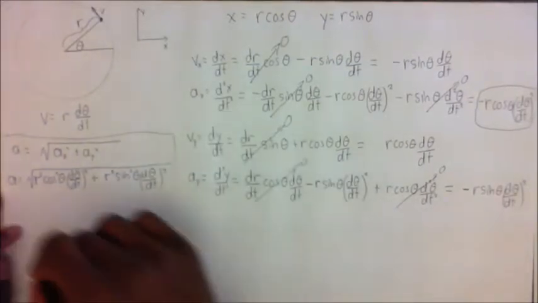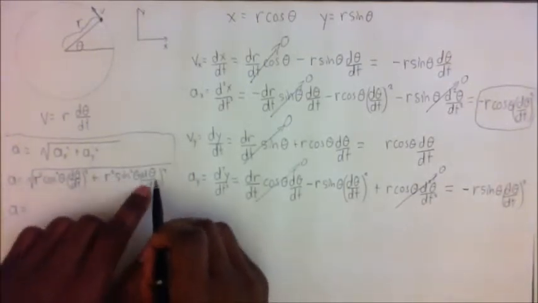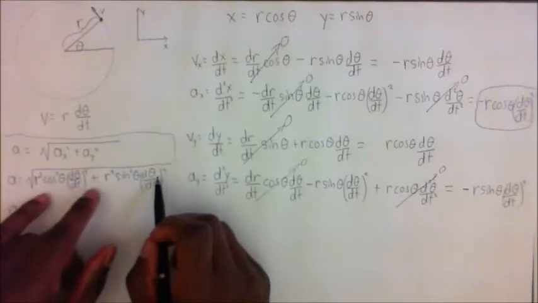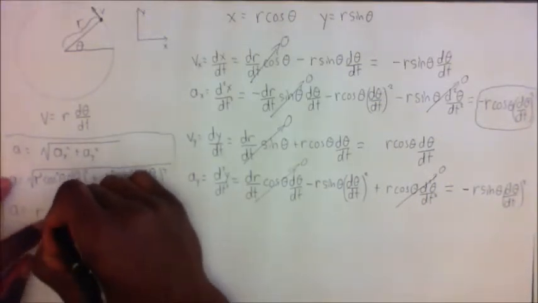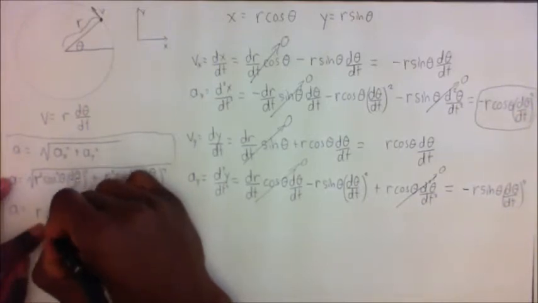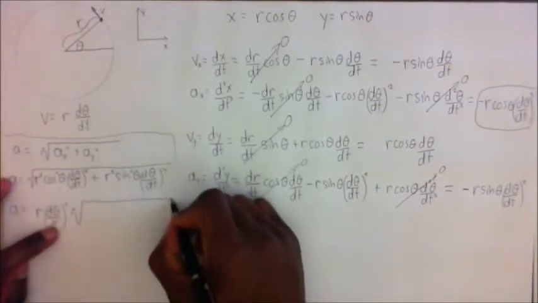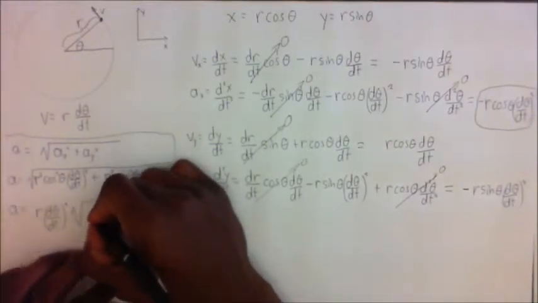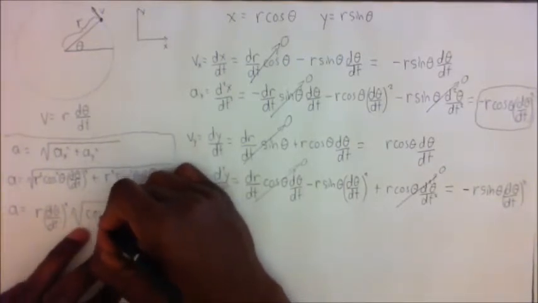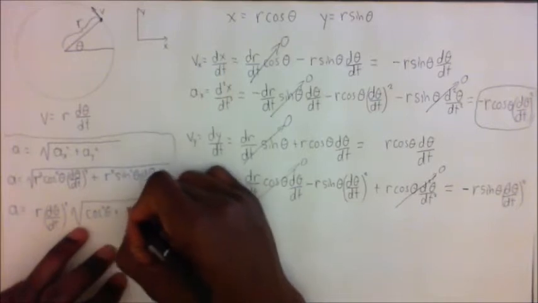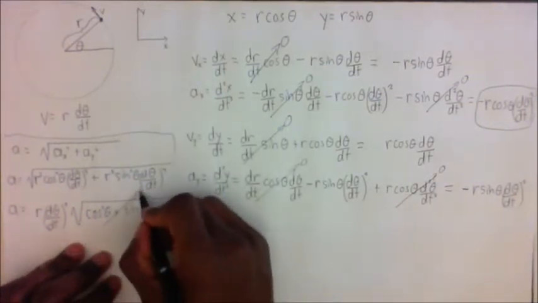And so what we got now is that for the acceleration a, I'm going to factor out the r squared and the d theta over dt to the fourth, and I'm just going to have r d theta over dt squared times the radical of cosine squared theta plus sine squared theta, which we all know is equal to 1.